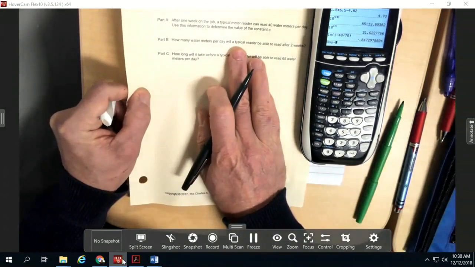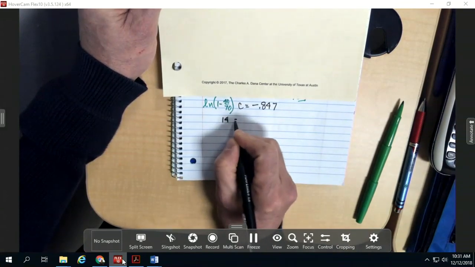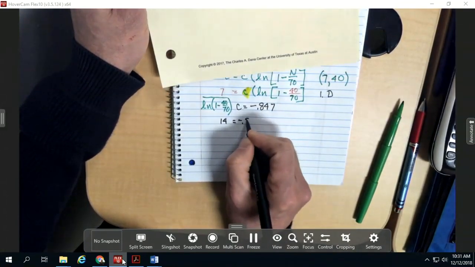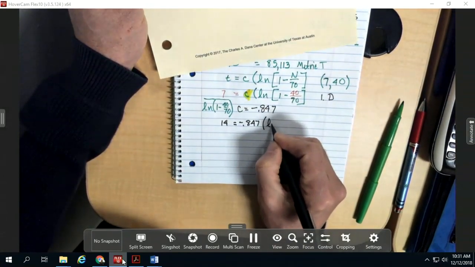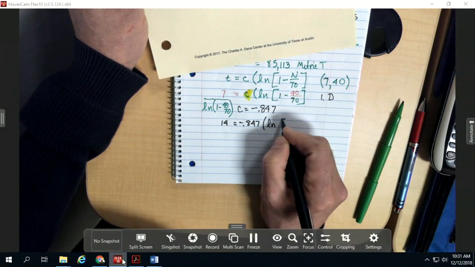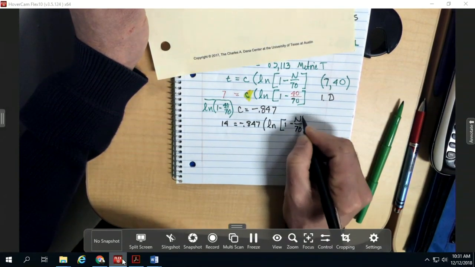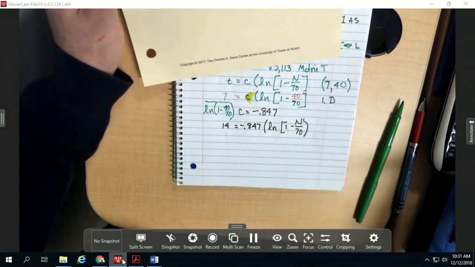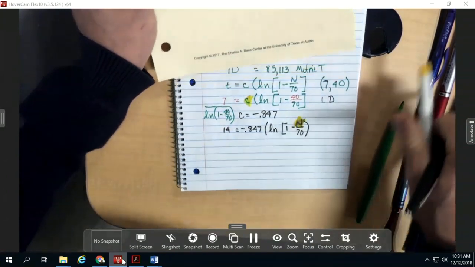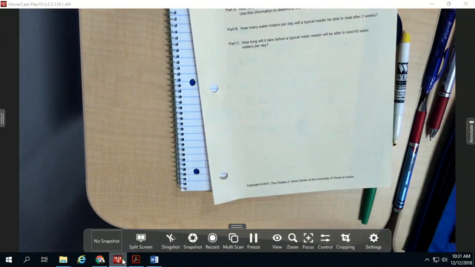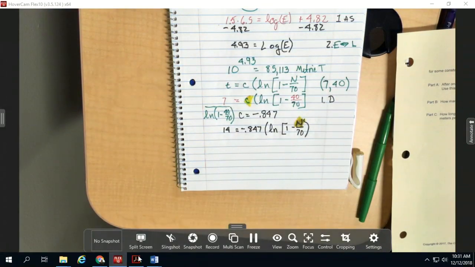So how many meters will he be able to read after 2 weeks? 14 is negative 0.847 times ln of 1 minus n over 70. We want to get the n all alone. Or, I think the easiest way is to just graph it. So let's put it into Desmos and figure it out.